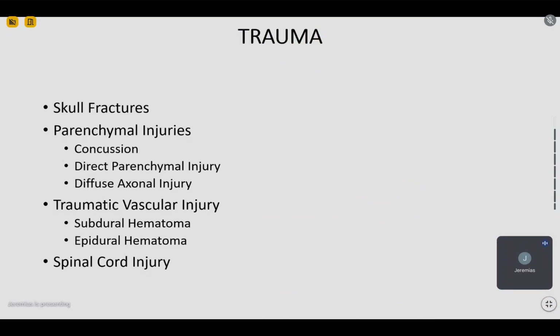Next, we have trauma. So for trauma, we have skull fractures, parenchymal injuries, traumatic vascular injury, and spinal cord injury.